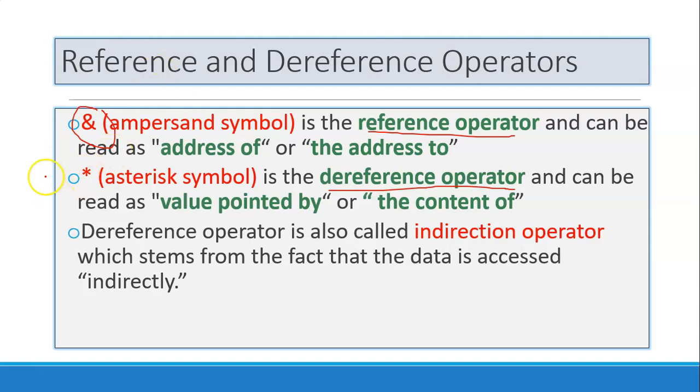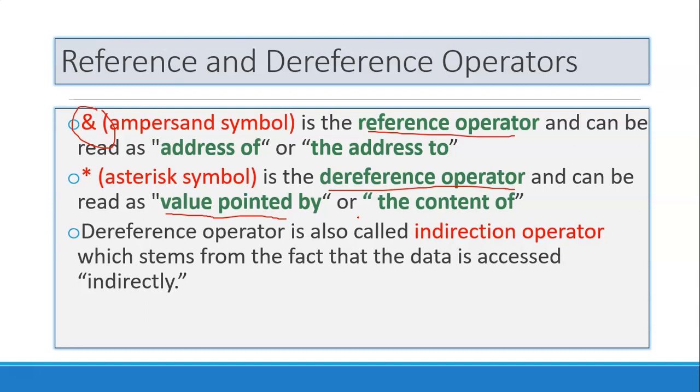So we use the asterisk, and it can be read as the value pointed by or the content of. If we have an asterisk on a certain pointer variable, then we are interested in the value that has been pointed to by it. We are going to understand them better as we see some examples as we go.